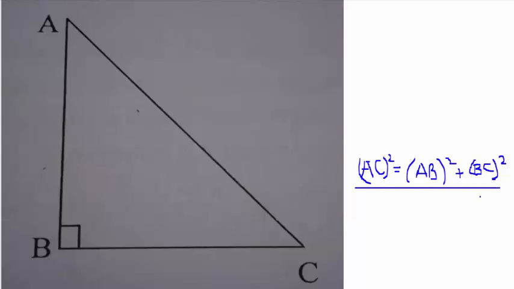The square of the length of the hypotenuse is equal to the sum of the square of the other two sides. In the above figure, triangle ABC is a right angle triangle. Since angle ABC is equal to 90 degree, therefore length side AC is equal to hypotenuse. As per Pythagoras theorem, AC square is equal to AB square plus BC square.